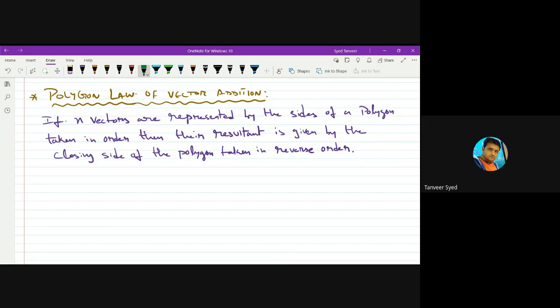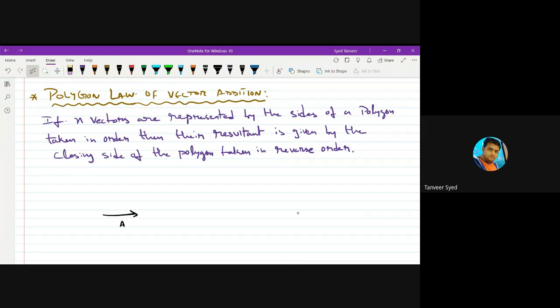Poly means many. So if I have n number of vectors, let us say 3, 4, 5, 6, some number of vectors, and I want to add them graphically, then I will take all those vectors and represent them with sides of a polygon like this.